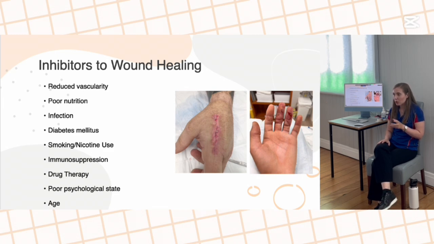I will ask them exactly what they're using. If it's vaping, I find they probably have more nicotine than a smoker, but there are also other oral nicotine products, like Zyn, which are like a mouth patch, giving constant nicotine while it's in their mouth, for a few hours. Also other people with immunosuppression, other drug therapies, some people with poor psychological state, and also age. Age makes a big difference to our healing as well.